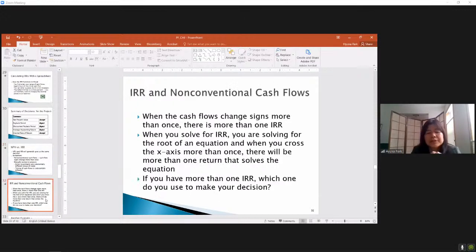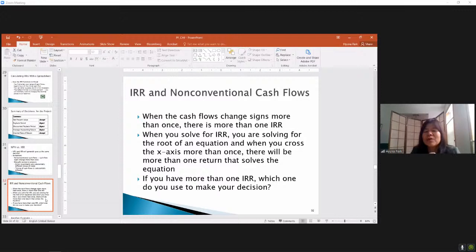So these slides explain those issues. So first, IRR and non-conventional cash flows. When the cash flows of a project change signs more than once, there is more than one IRR.